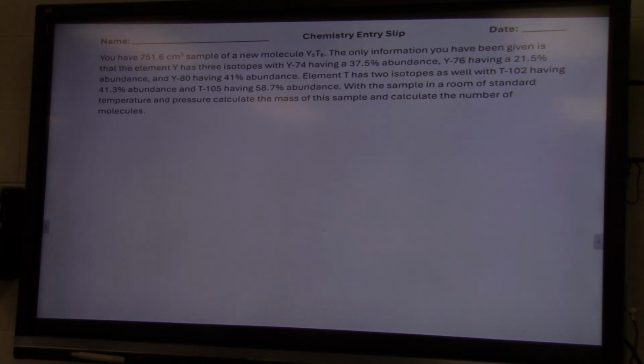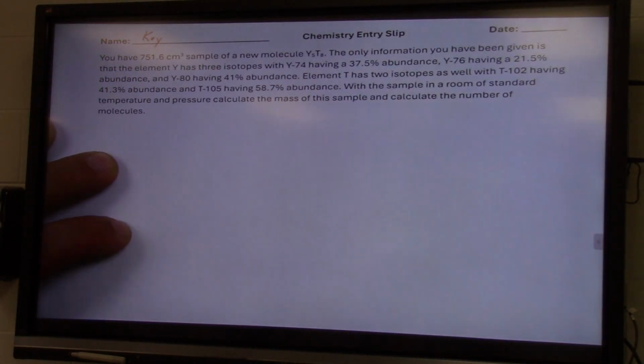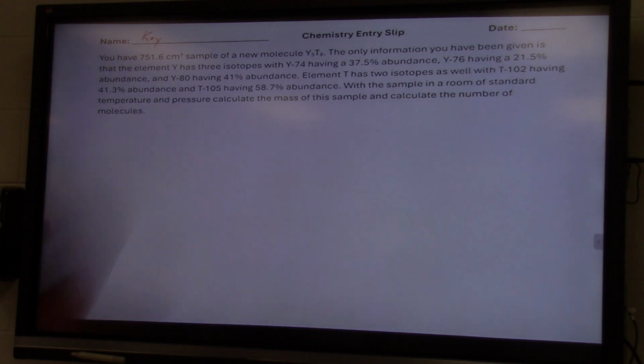So, let's work this thing. I decided to beef it up just a little bit extra from yesterday. Yesterday I gave you a new molecule. Today, I tell you, you have a 751.6 cubic centimeters sample of a new molecule of Y5T8.